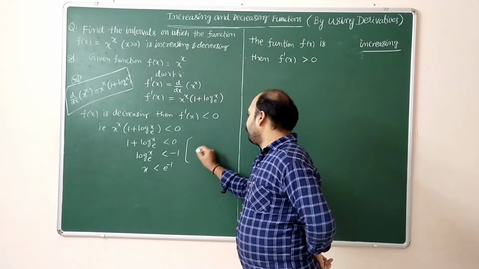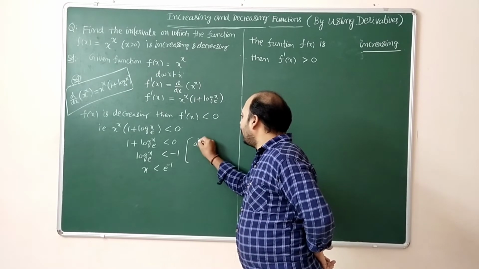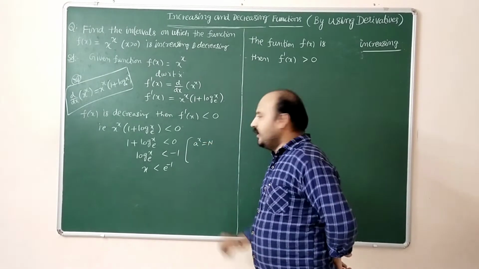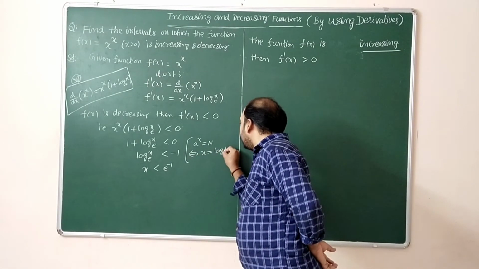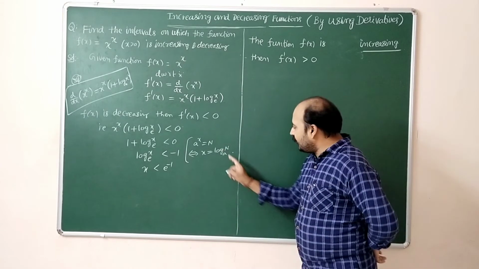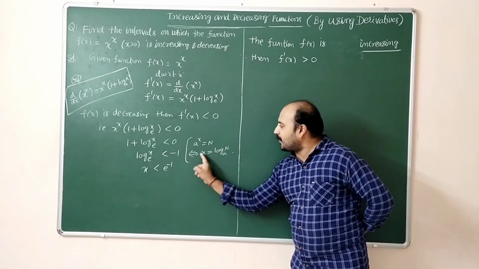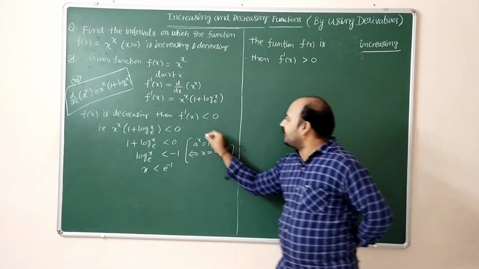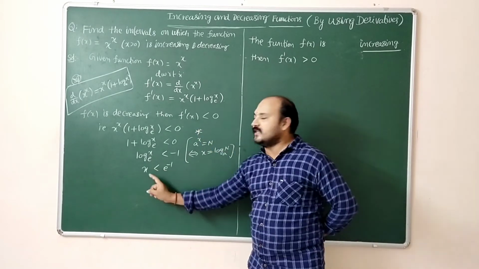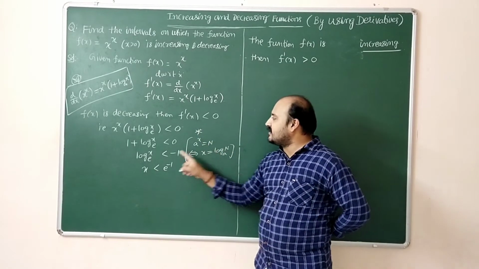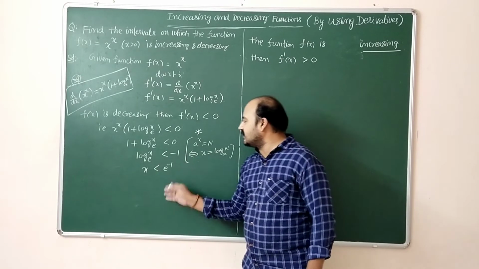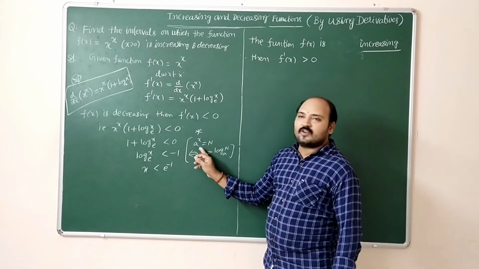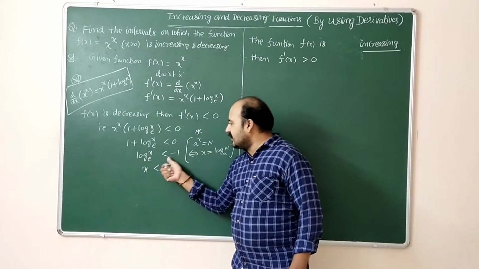See here, a power x is equal to n if and only if x is equal to log n to the base a. So if you remove log here, n is equal to a power x. Based on the definition of logarithm, we will write like this. Where the equal symbol is there, here inequality is there. That is the only difference. By the definition of logarithm, log x to the base e is less than minus 1.